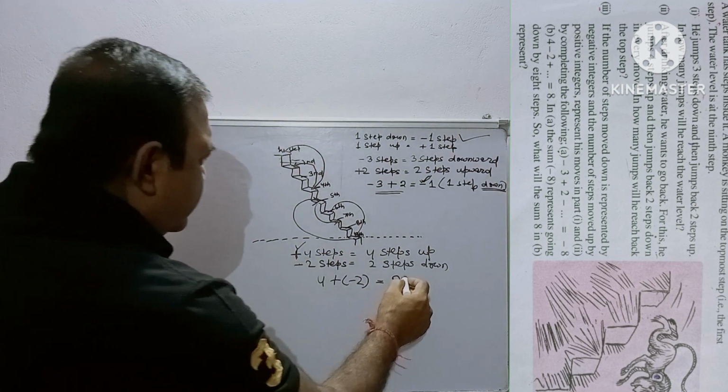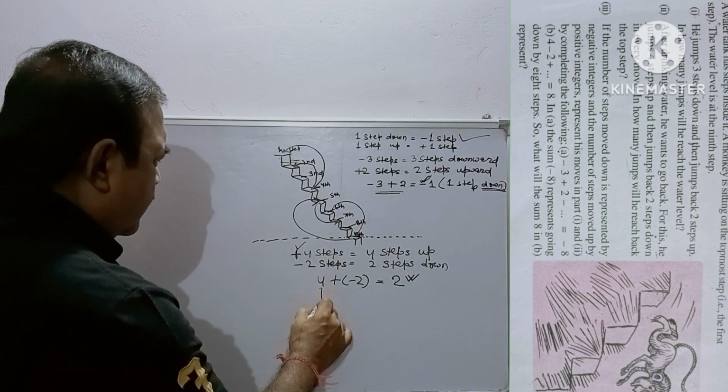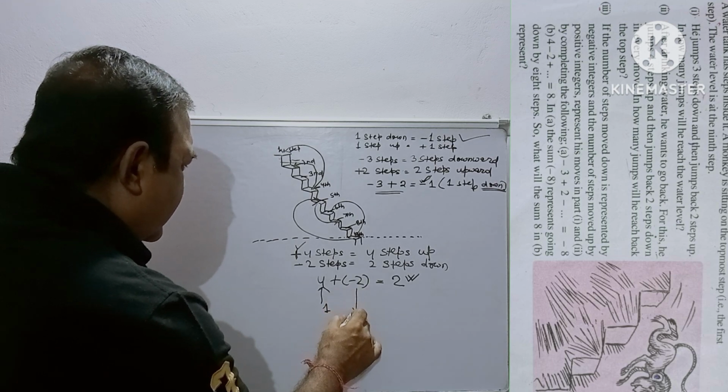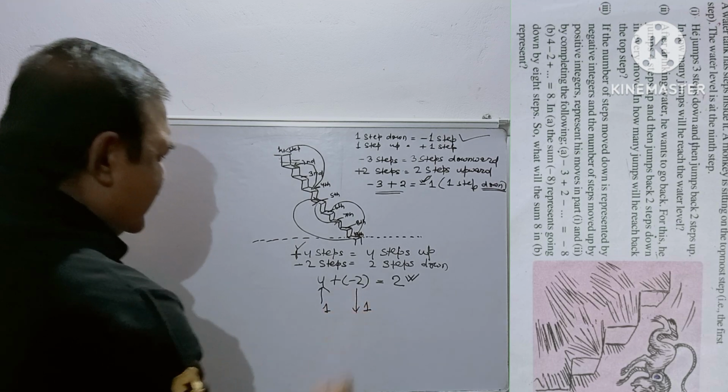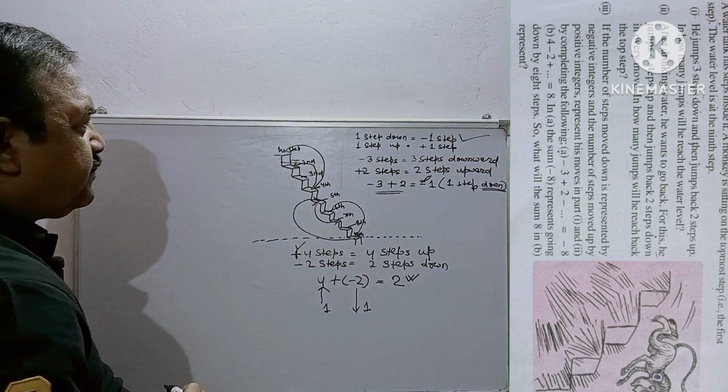What is this 2? This is the resultant step. For these 4 steps up, this is one jump. For this downward, this is also one jump. So how many jumps? 1 plus 1, that is equal to 2.